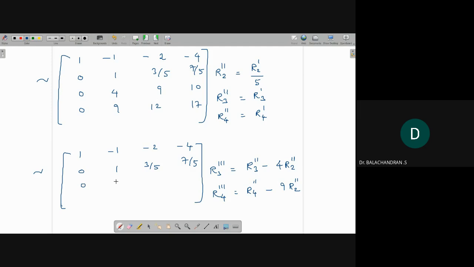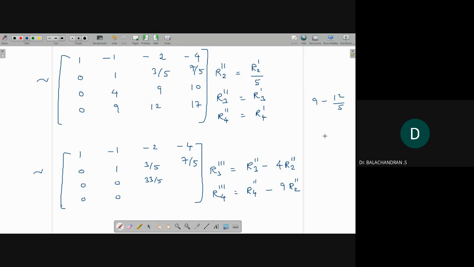I can say this is 0, 0. This is 0, 0. Only I need these 4 elements. 9 minus 12 by 5. So 45 or 33 by 5.